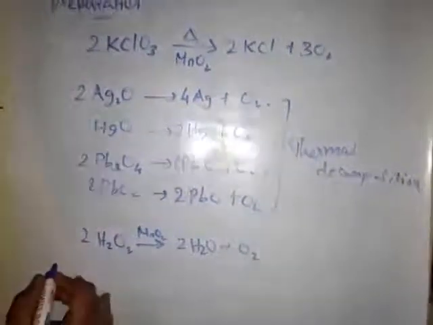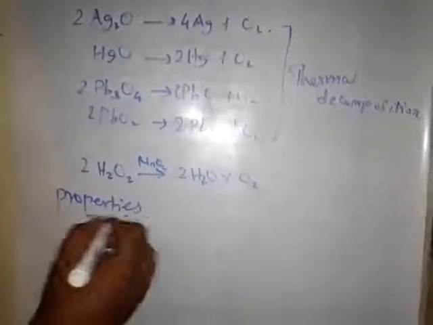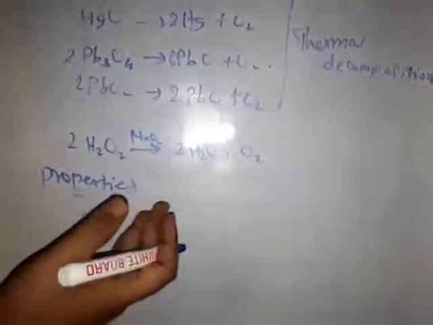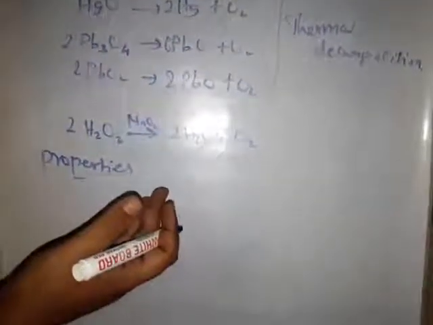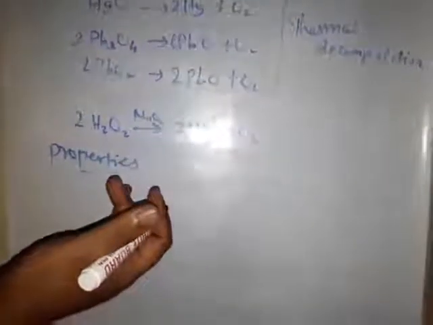Then the properties of dioxygen. Dioxygen is a colorless gas and only slightly soluble in water.